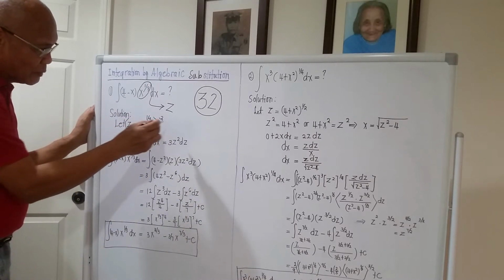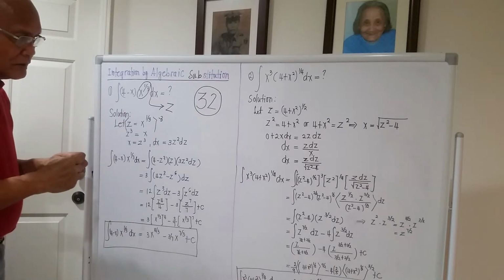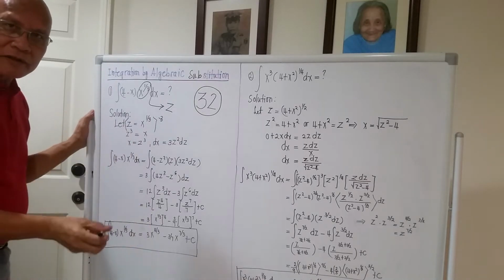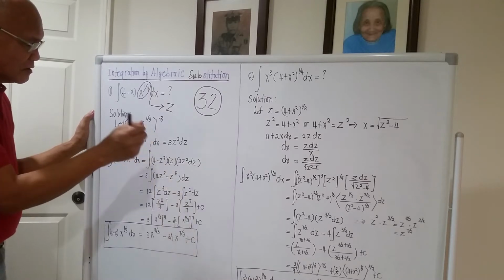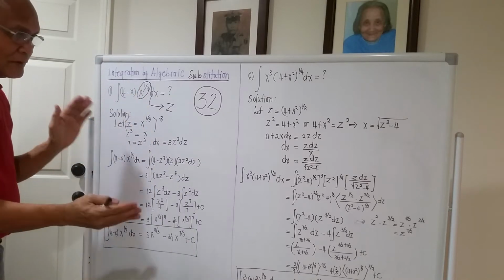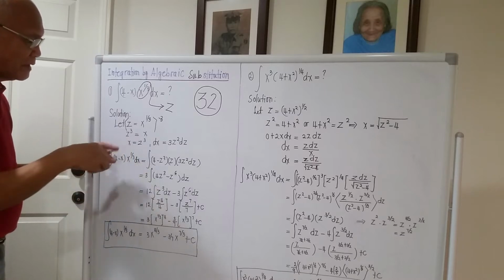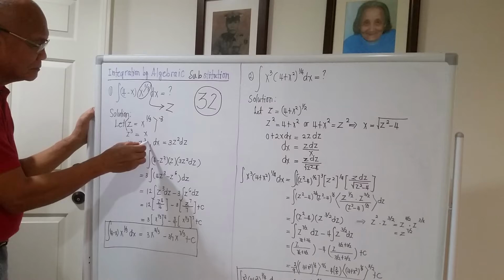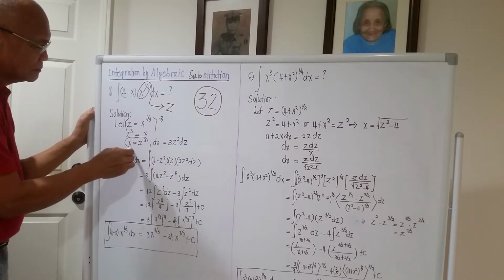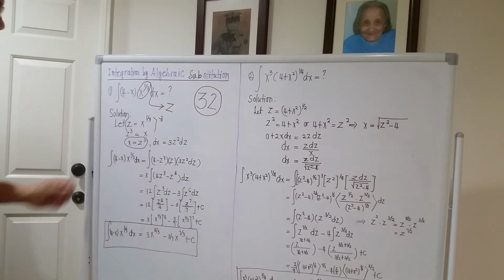These 3s cancel, so what will remain on the right hand side is just simply x. Solving for x, x will be z cubed.